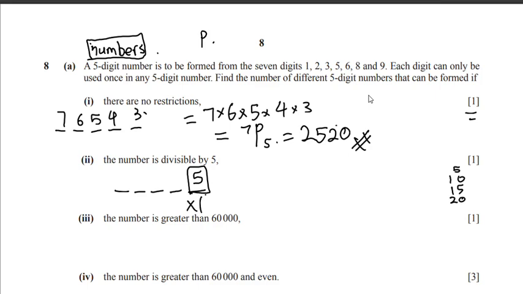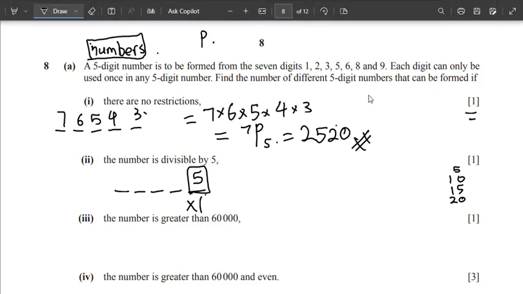Now let's look at the rest. I've put the 5 already, so the other 4 digits I can play around with. I have 6 digits here and only 4 places. Therefore, it's 6 times 5 times 4 times 3, or when you simplify, 6P4 times 1.